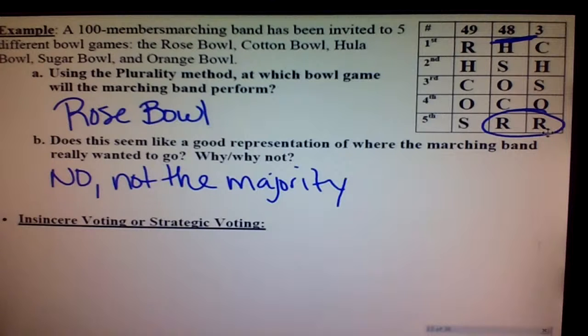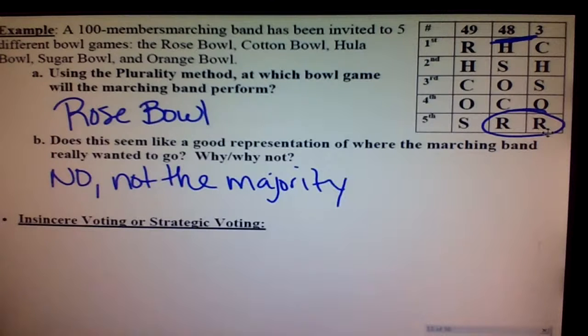Myself. Who wants to run up against me? I'll run against you. Thomas and Ariana. So you got Thomas, Ariana, and myself.